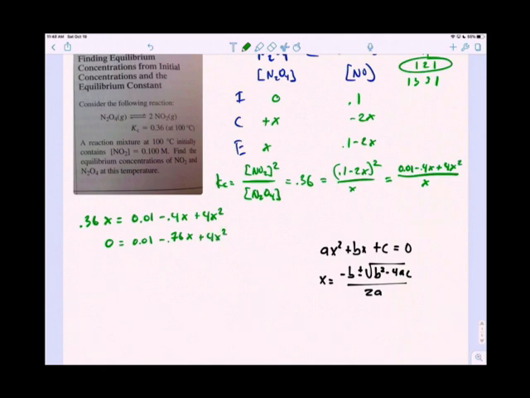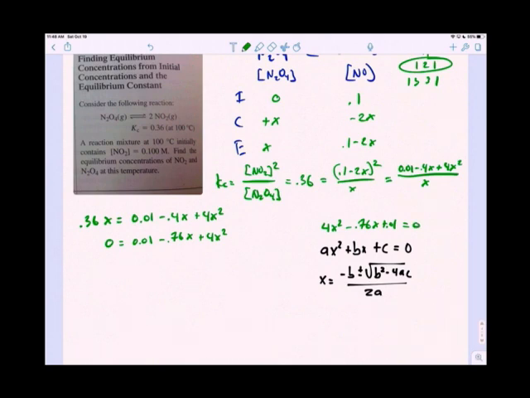And let me write this another way. I'll say 4x squared. Actually, I'll bring it over here. So we have 4x squared minus 0.76x plus 0.01 equals 0.